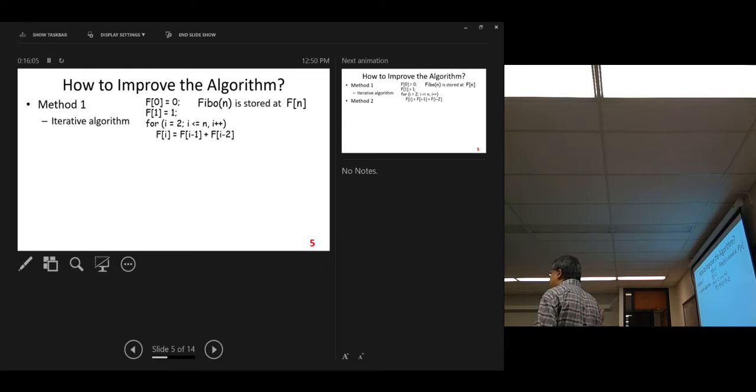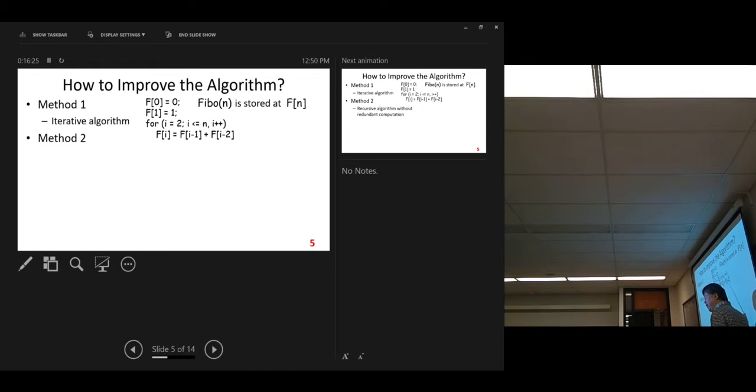How can you compare an exponential function with this linear function? Huge difference, right? So that's why I said the previous one is a horrible one.